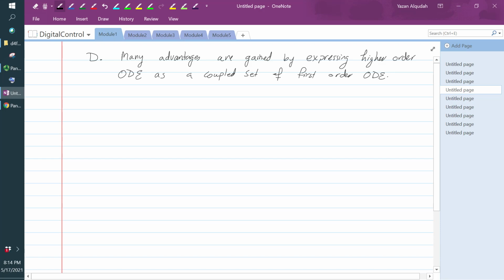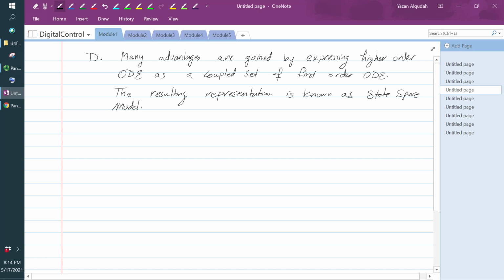And this resulting representation is referred to as state space model.